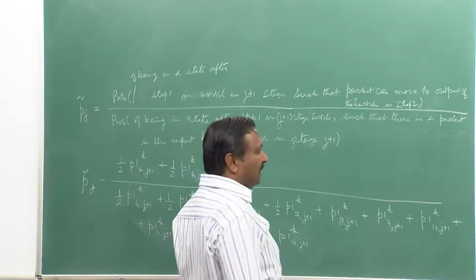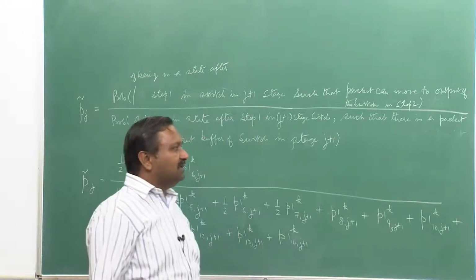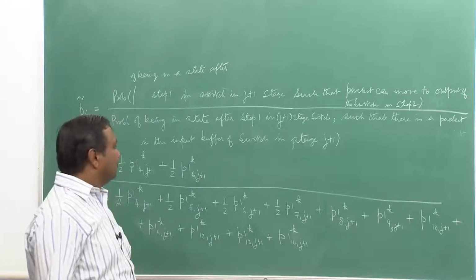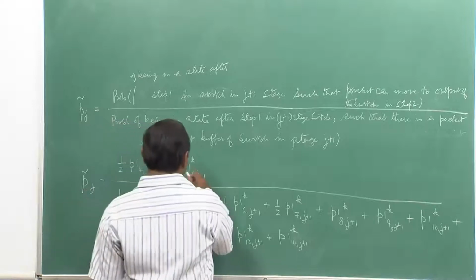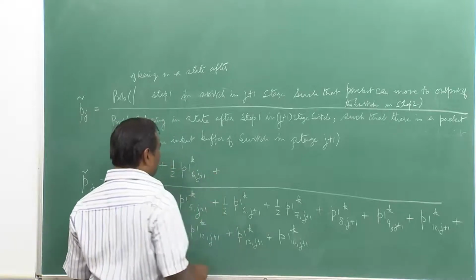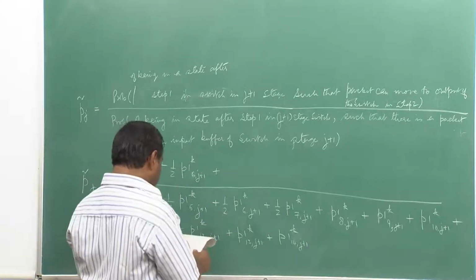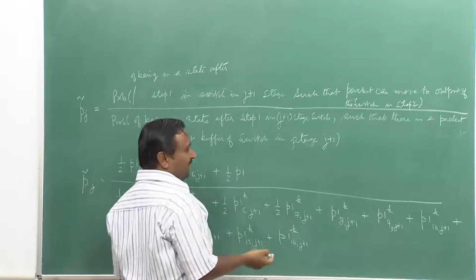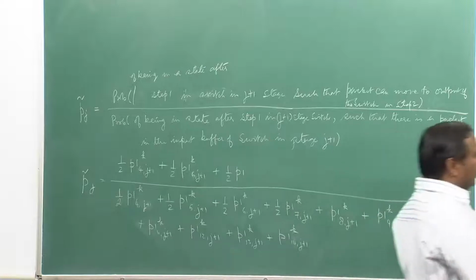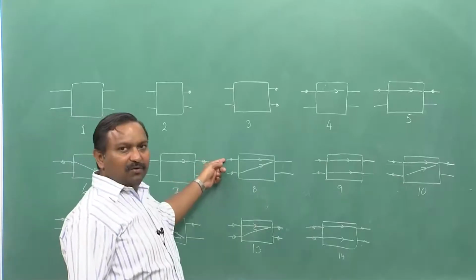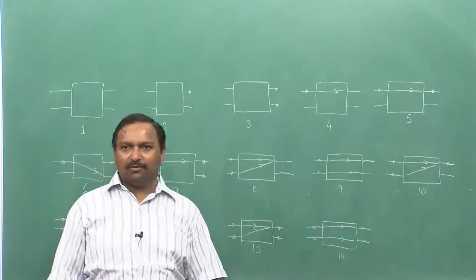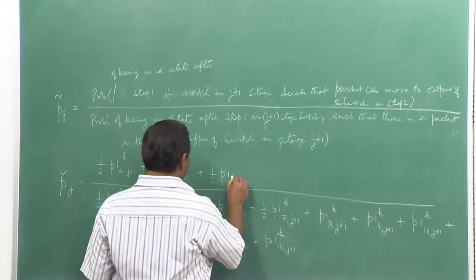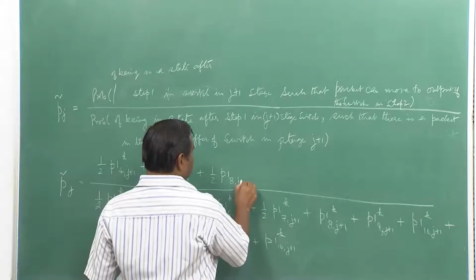In 8 though there are 2 packets at the input, but only one of the packets will be going out. Okay. So with only half it will be happening, so we will be putting half p1 because you might be talking about a packet which is this one, it cannot go through, with only 50% probability it can go through. So p1 8 j plus 1 k.